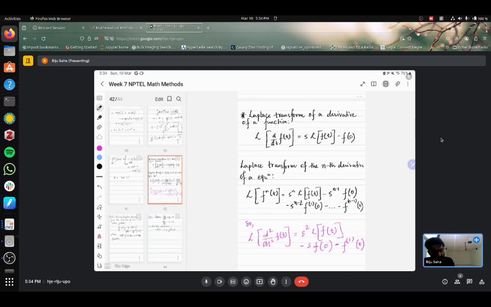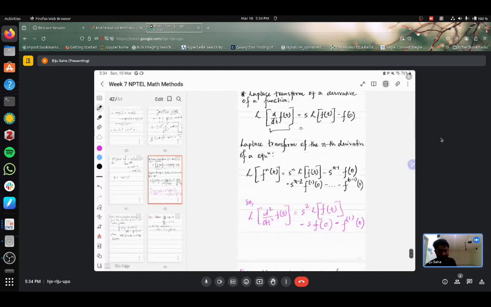The first thing is the Laplace transform of the first derivative of a function. So f(t) is a function. So d/dt of f(t), what is the Laplace transform of this first order derivative? That is equal to s times the Laplace transform of that function minus the value of the function at t equal to 0. So that is for the first derivative. Now we can generalize this for the nth derivative.